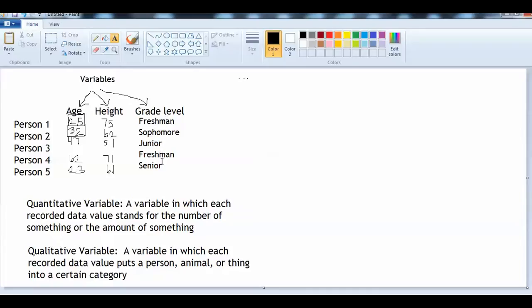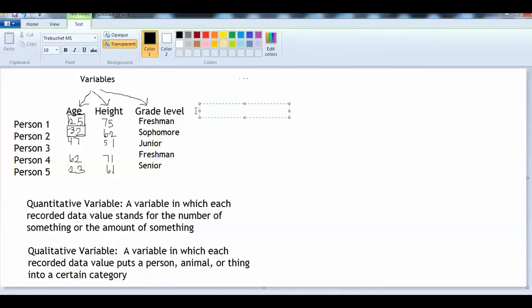And it's a little bit tricky because you might think that a person who's a freshman has been in college for 1 year, and a person who's a sophomore has been in college for 2 years. But we're not actually recording the number of years in college. We're just recording a category that a person is a member of. So its grade level is actually qualitative.